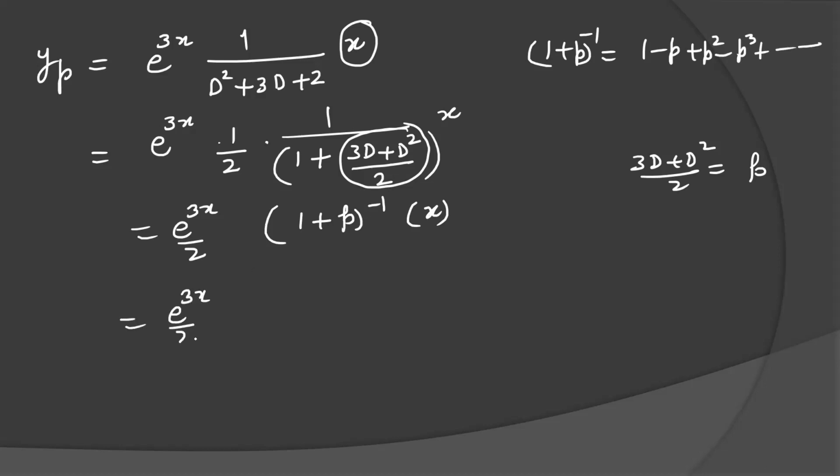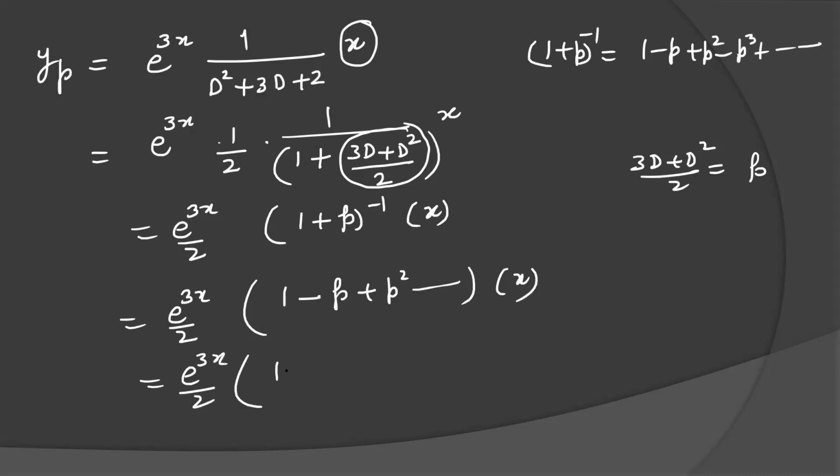So e to the power 3x by 2, 1 minus p plus p square and so on into x. Now put the value of p. The value of p is 3D plus D square by 2. Don't put other powers because this polynomial has degree 1. So we will go up to the degree 1 of the D operator.